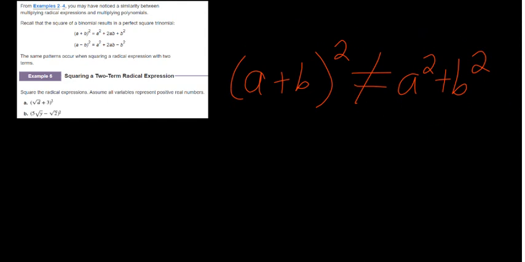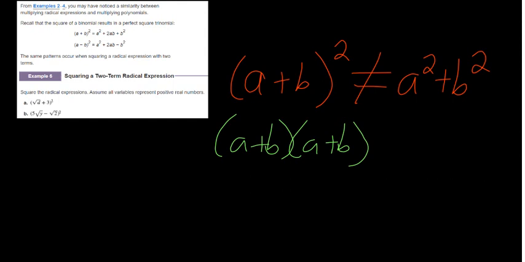We do know that a plus b quantity squared does equal a squared plus 2ab plus b squared. And of course that makes sense, because when we see the exponent 2 there, that's essentially saying this twice. So we'd write it twice, which is where we get a squared plus 2ab plus b squared.